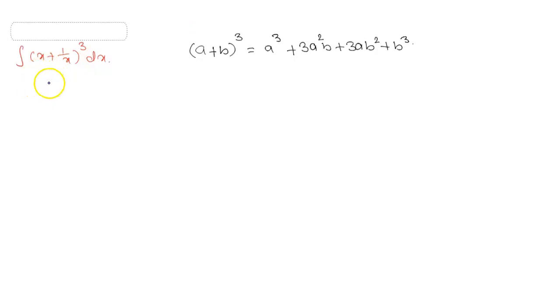So here the expansion of the formula is integral x cube dx, separating immediately, plus 3 integral a square b.